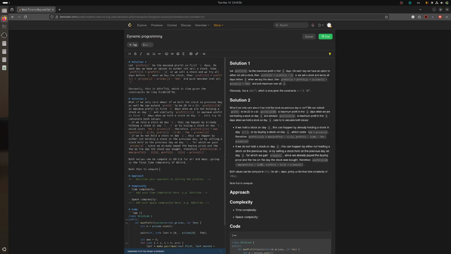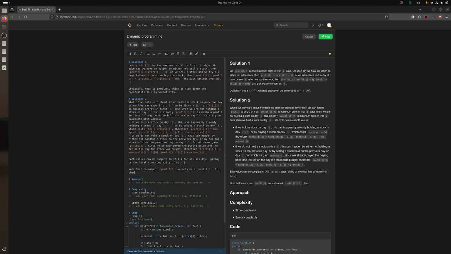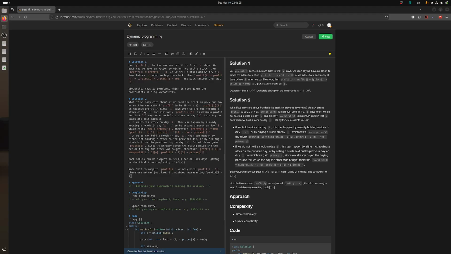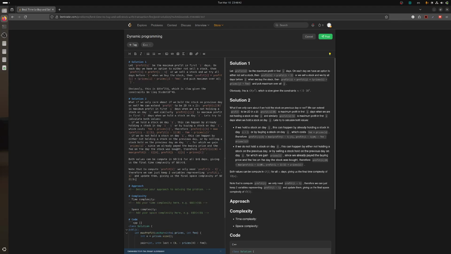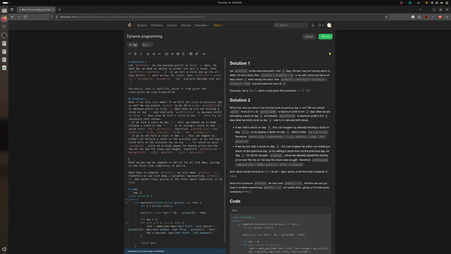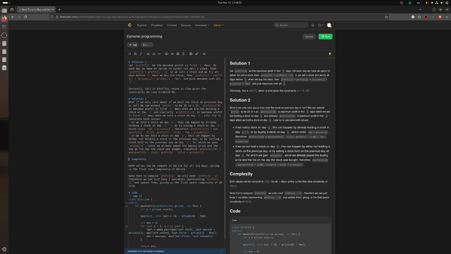Note that to compute profit I, we only need profit I-1, therefore we can just keep two variables for profit I-1 and update them, giving us the final space complexity O(1). Okay, I mean, that's pretty decent.